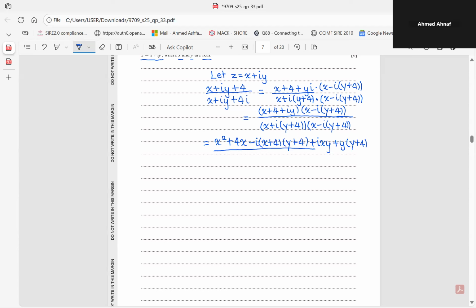Now let's simplify the denominator. For this, we're going to use the shortcut way. As you can see, since both of them are conjugates, we can write them in the form a plus b times a minus b, and there's a formula for this, which gives us a squared minus b squared.